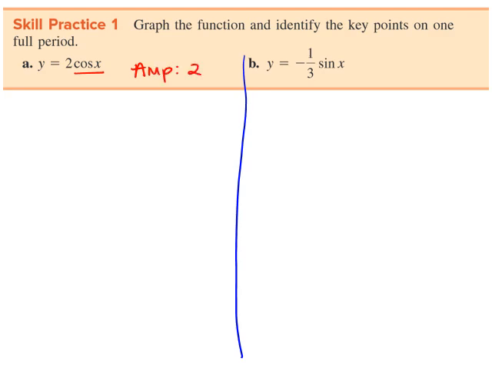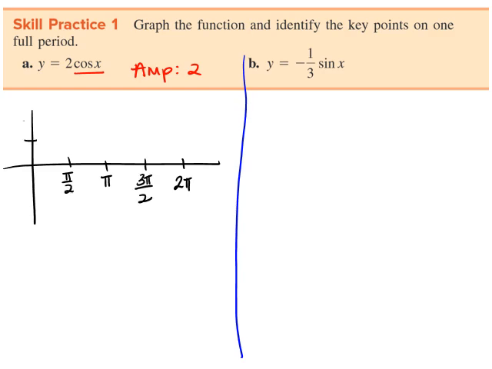So graphing this, you should end up with the following. When you graph cosine, you start and end at your maximum, halfway between at a minimum, and 1/4 and 3/4 of the way at the baseline.